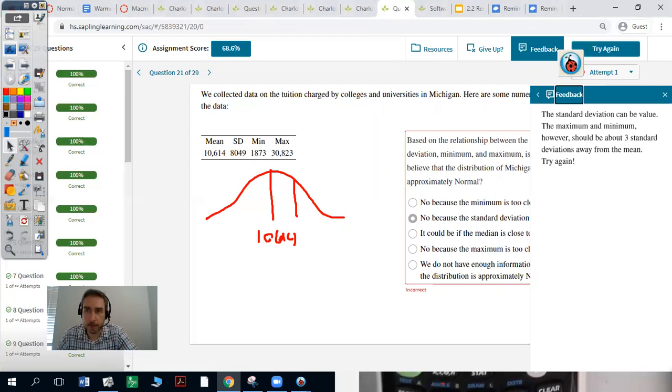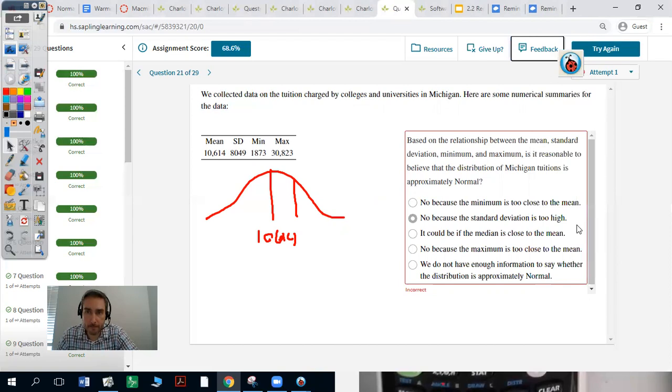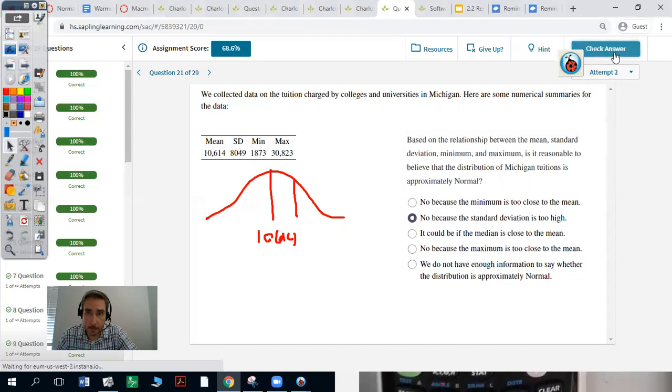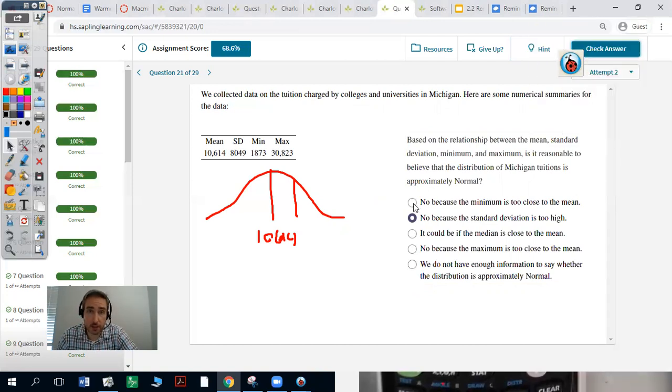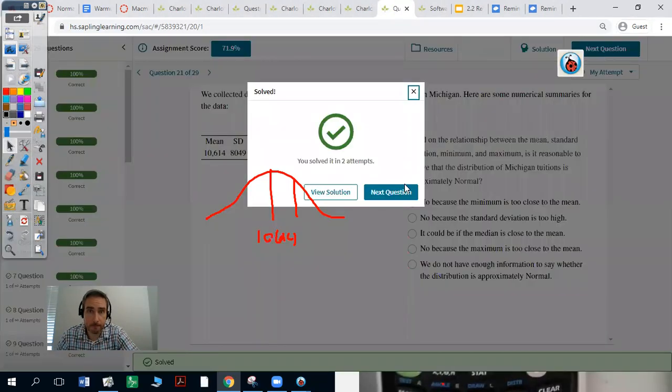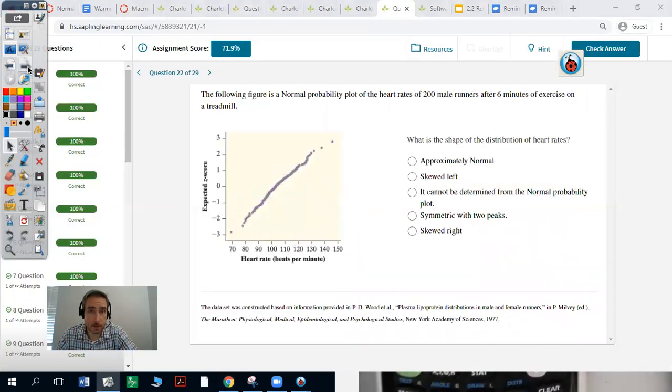Well, I'm getting these wrong. Okay, well, the minimum's obviously closer to the mean than the maximum, so let's pick that. I don't like these questions, man.